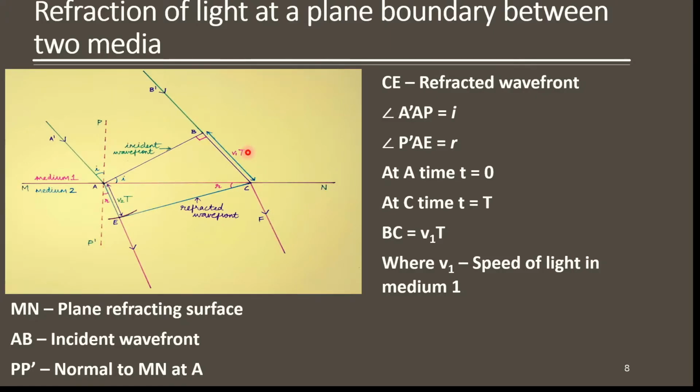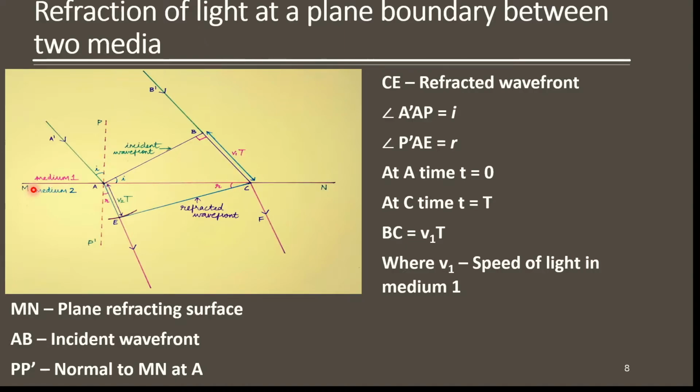According to Huygens principle, when A reaches the boundary surface, it becomes a secondary source and starts emitting secondary wavelets in medium 2. During the same time t, the secondary wavelets originating from A travel in medium 2 and cover distance V2t, where V2 is the speed of light in medium 2.